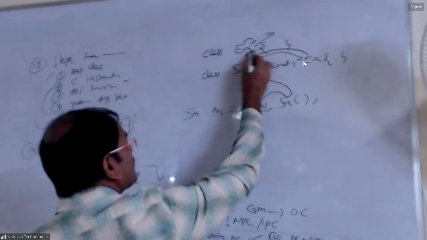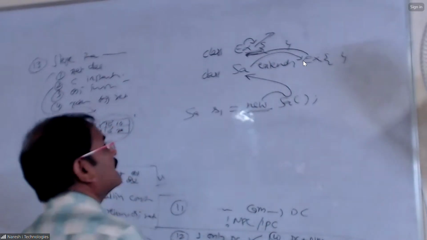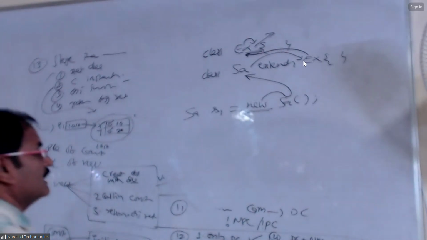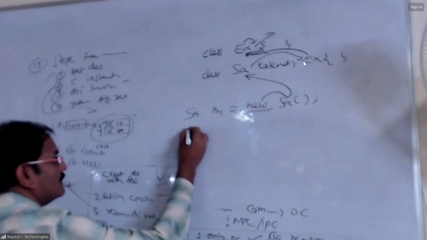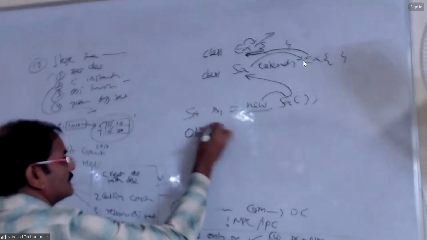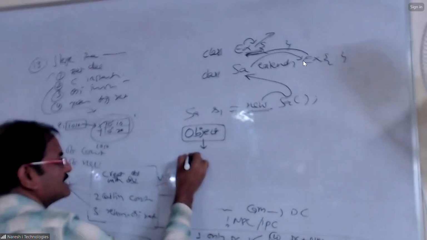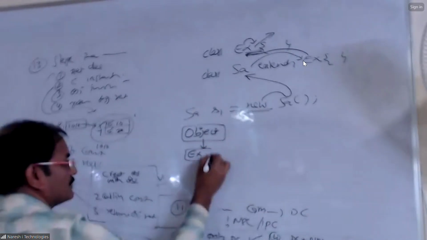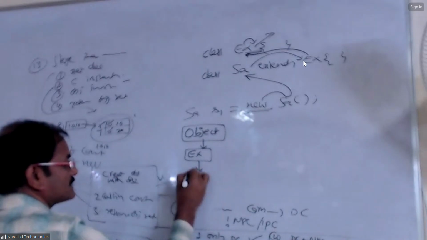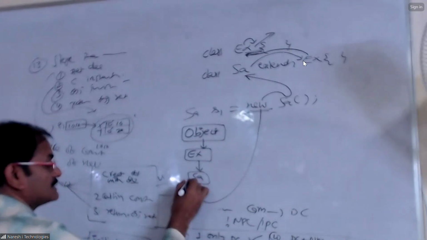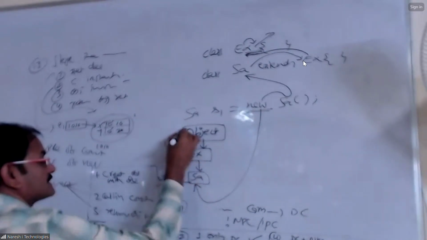Then the new keyword finds Example is a subclass of the Object class. When there is no superclass written, the compiler by default attaches Object as the superclass. That means what is the inheritance hierarchy? Superclass is Object. Is it my class or a predefined class? Predefined class. Object is derived by Example, and Example is derived by Sample. So now the new keyword first comes to the Sample class, finds it extends Example, which extends Object.